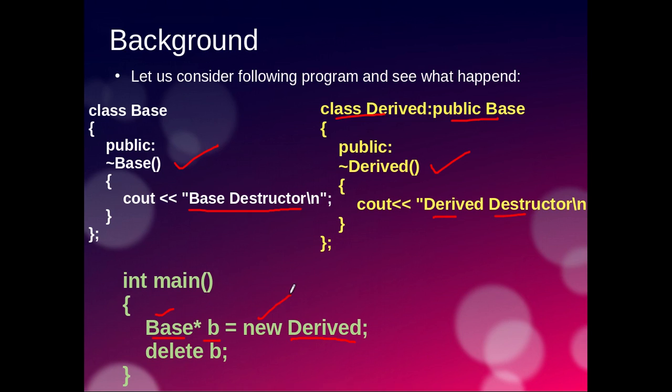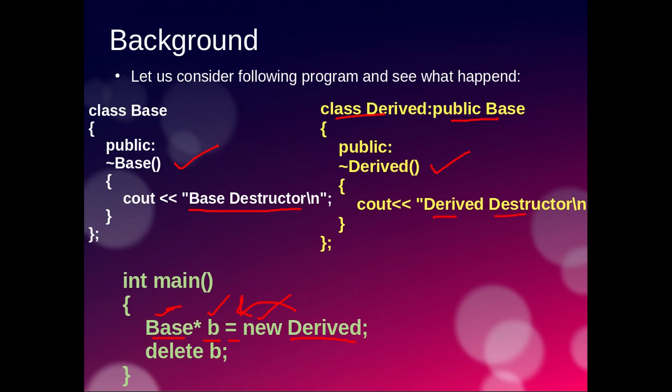The new keyword will be used to create the object of the derived class, so now b is a variable of the base class, but it contains the object of the derived class. This is an important thing to understand: a base class variable can store the object of a derived class, but vice versa is not true.